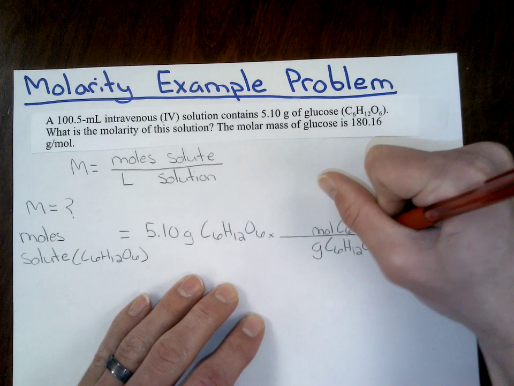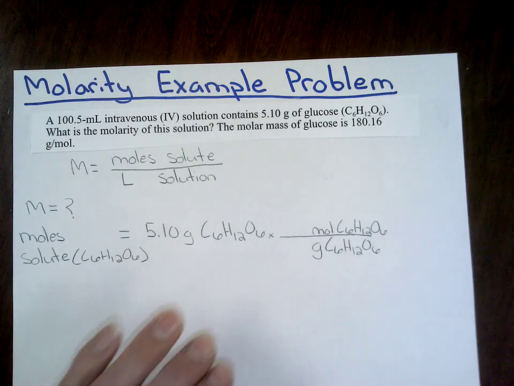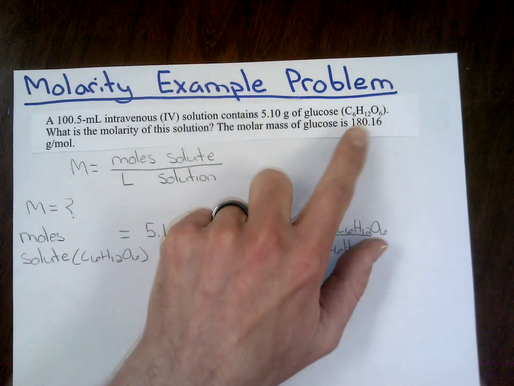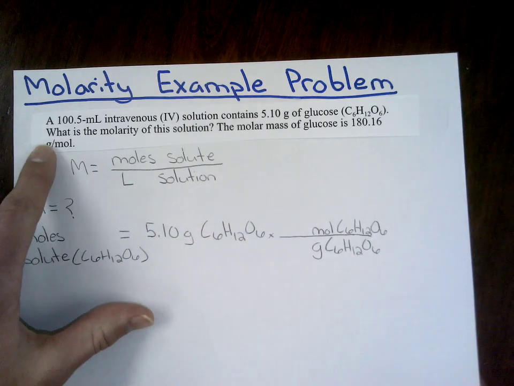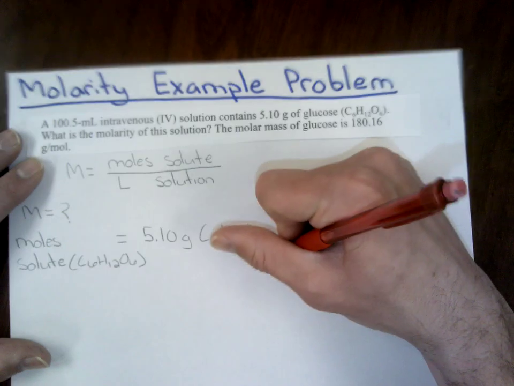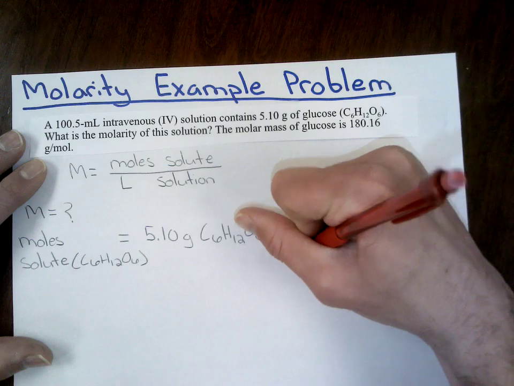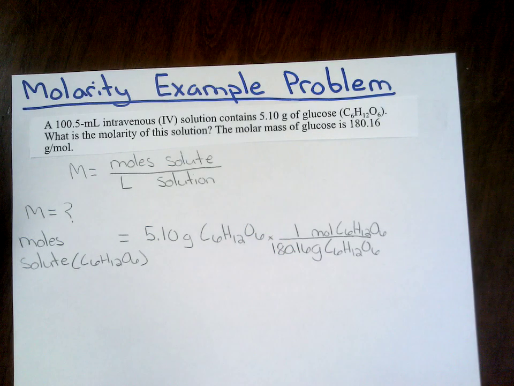Now, lucky for us, we already have the molar mass of glucose provided. It's the 180.16 number, and that 180 number is associated with grams. So I'm going to put on bottom here 180.16 for every 1 mole.